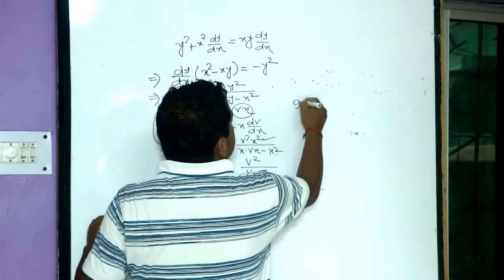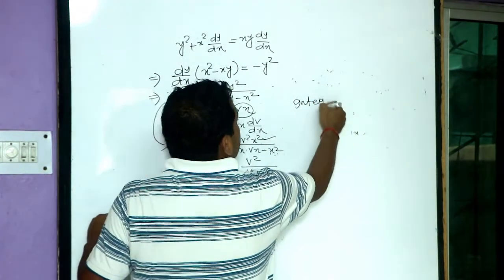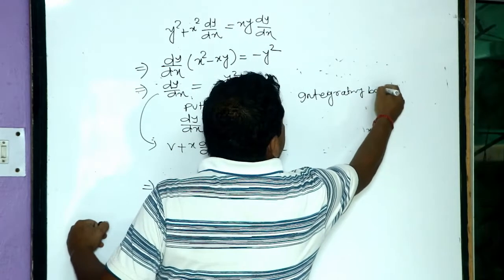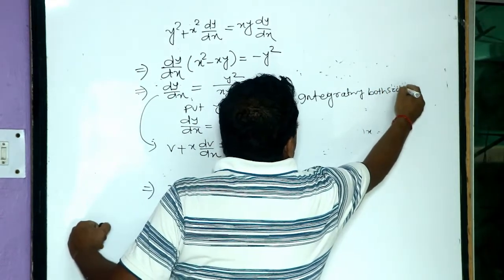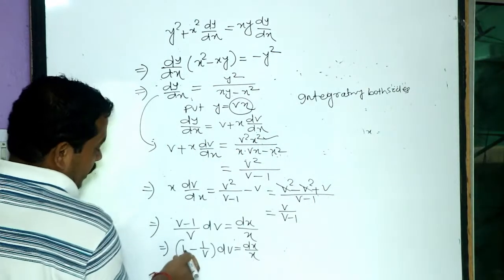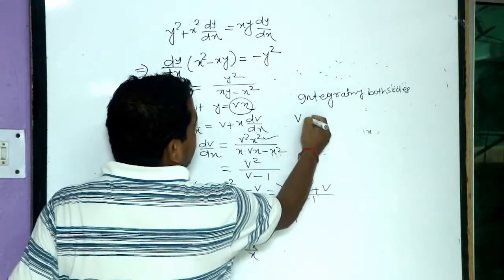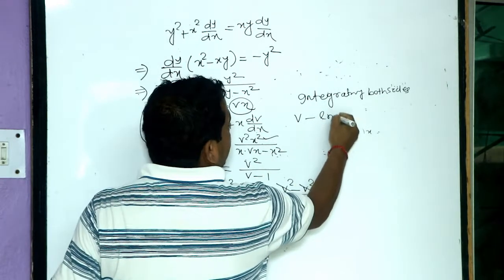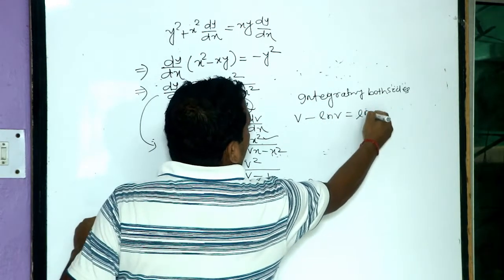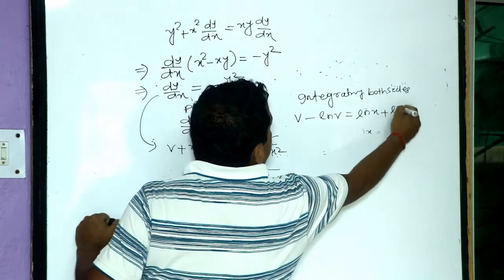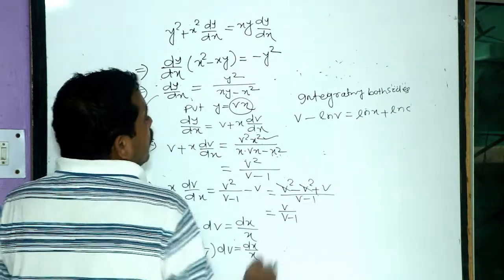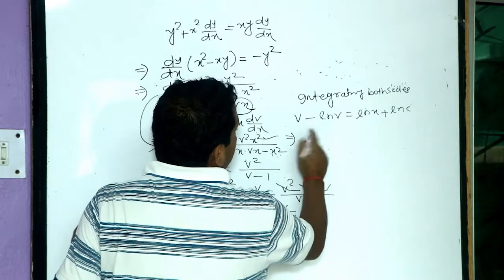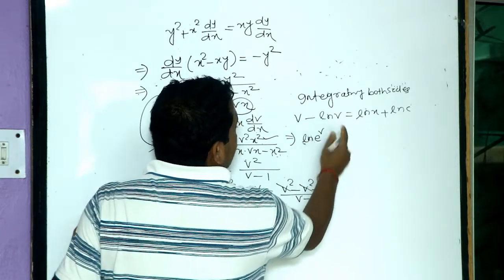Integrating both sides, we have integration of 1 is v minus integration of dv by v is log v equals to log x plus log c.